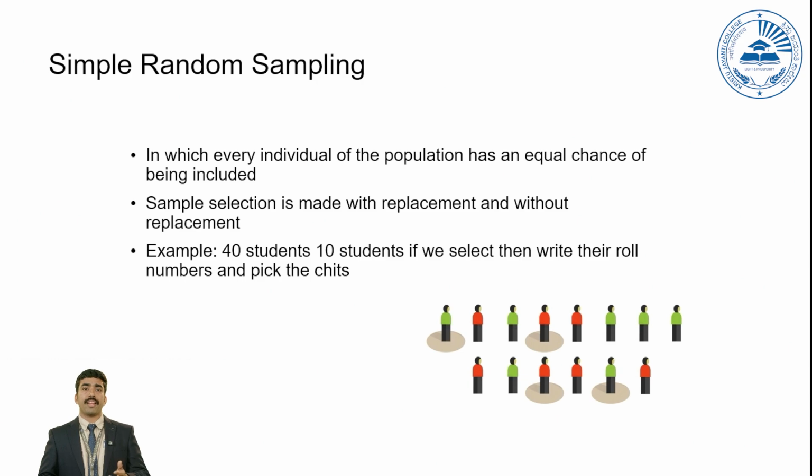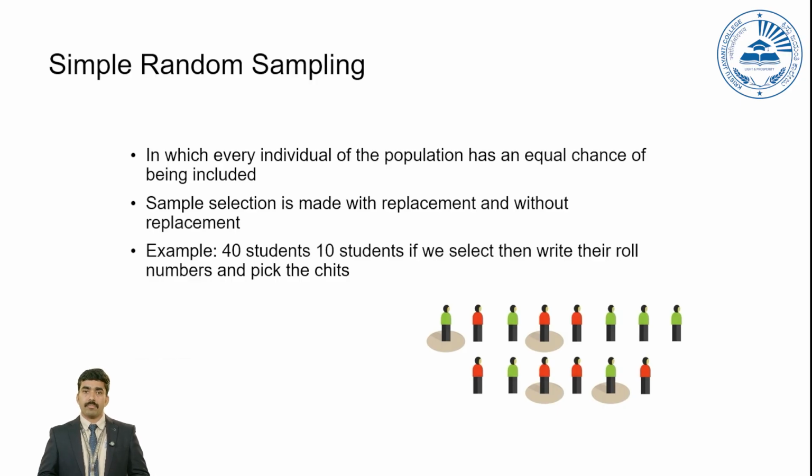Instead, we can adopt simple random sampling. If you know that there are 100 people in that particular culture, you can list out the 100 persons' names, and you can select a few individuals randomly.